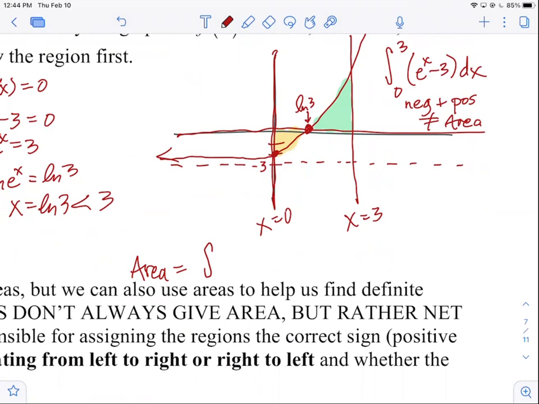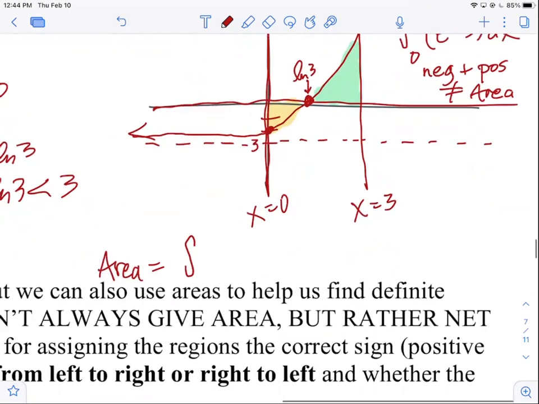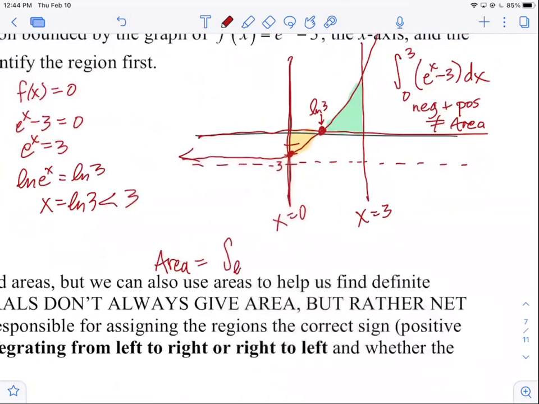I want to find the area. So how do I make that negative number positive? Good. From ln of 3 to 0. And now I could just do the integral of e to the x minus 3 dx. That's going to be positive. And then plus, now I can cruise from the natural log of 3 to 3 of e to the x minus 3.